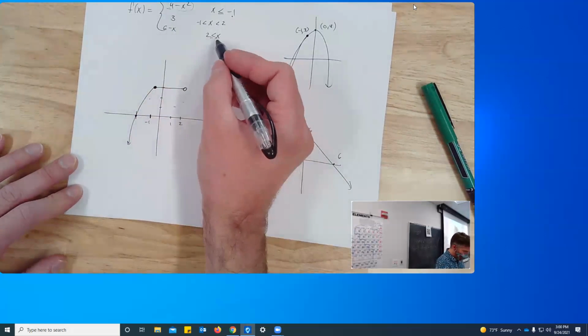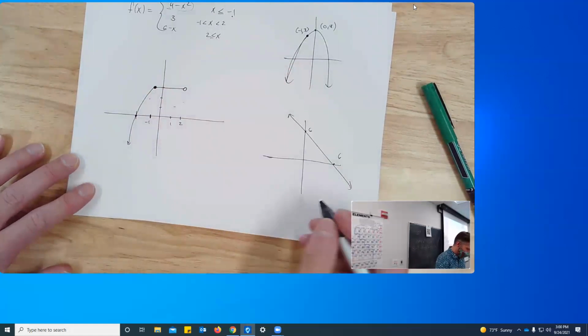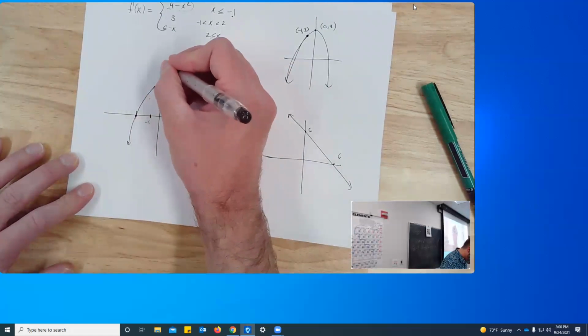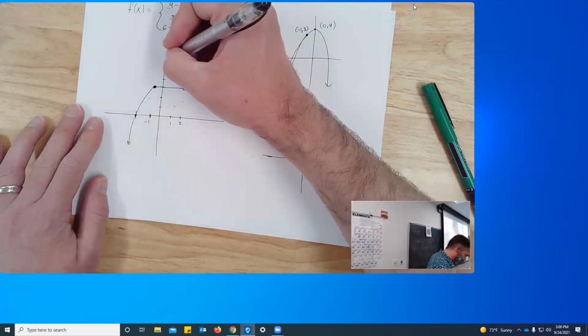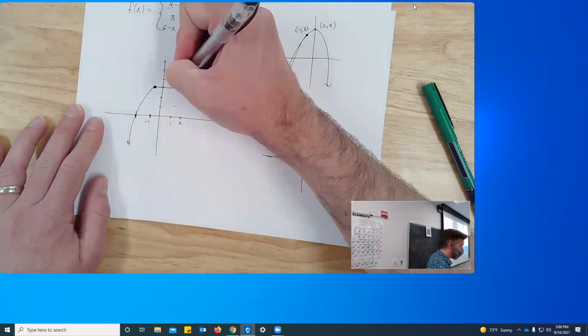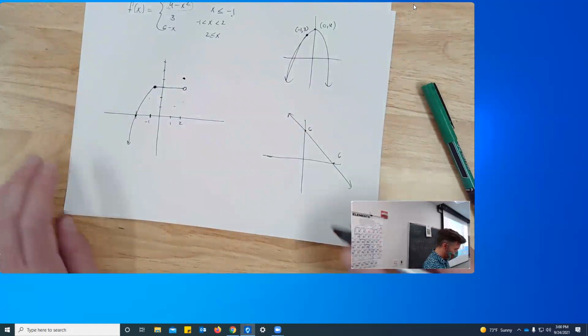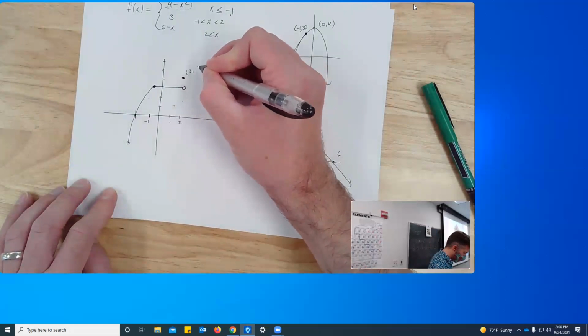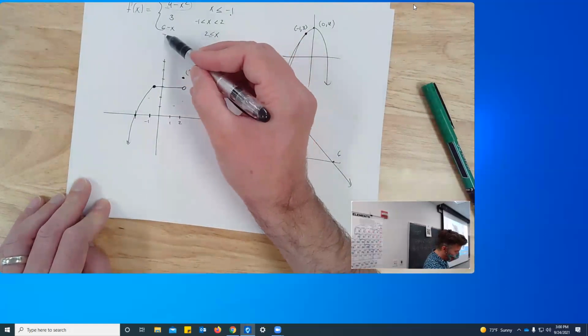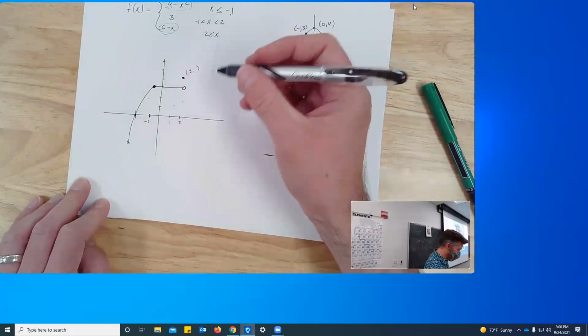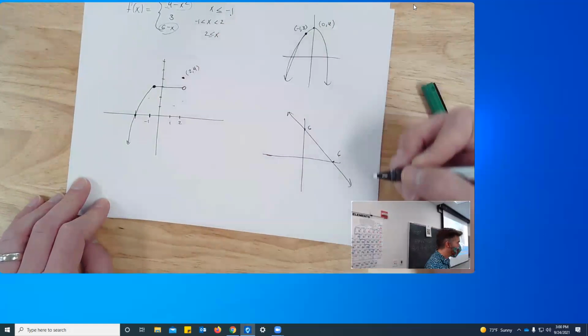And then after 2, I get y equals 6 minus x. I don't actually have this point right here, but it would start right there. What point would that be actually? When x is 2. Well, if I'm graphing 6 minus x and x is 2, y has to be 4.